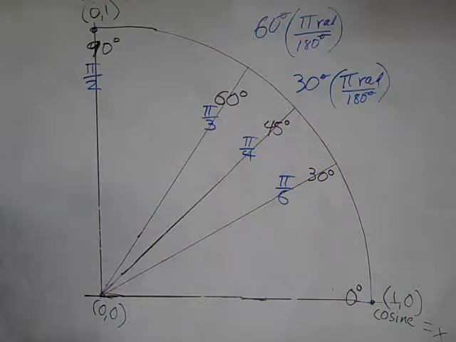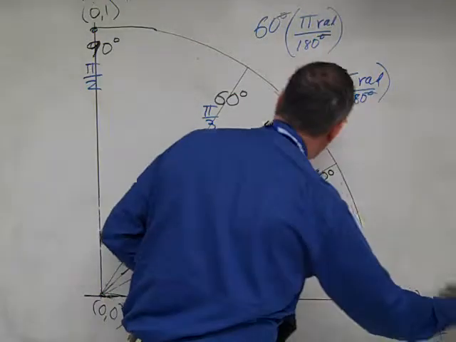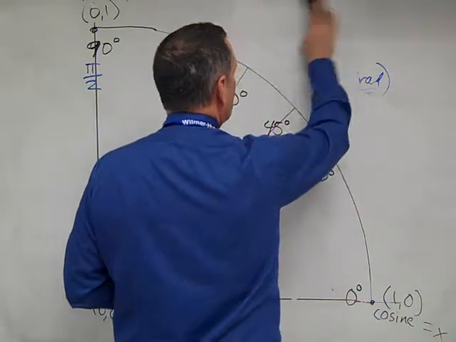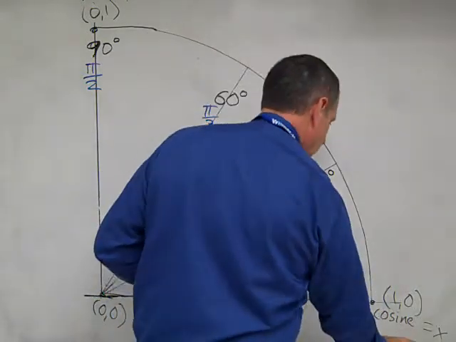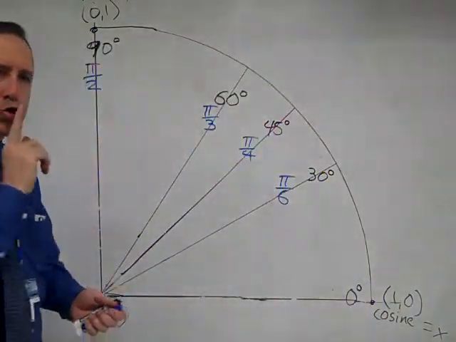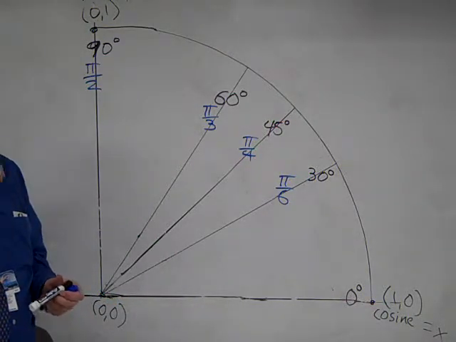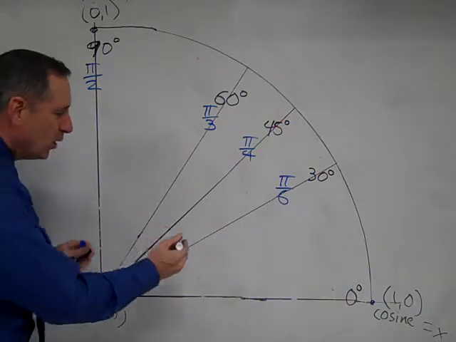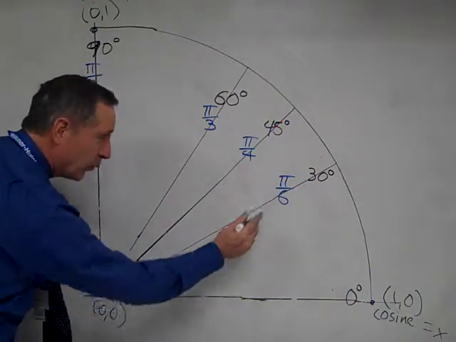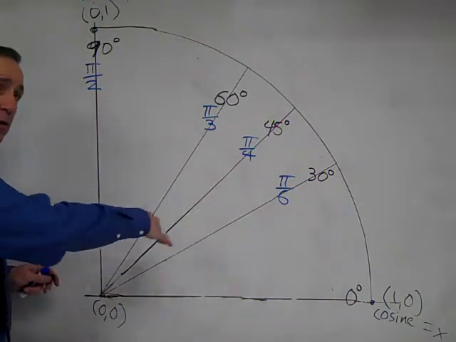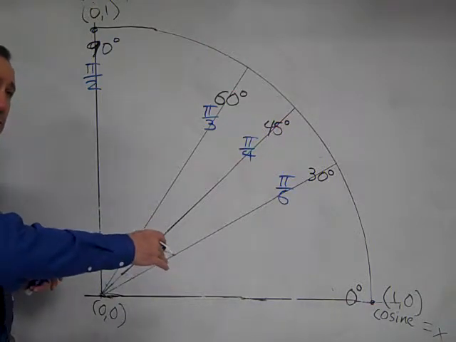Now I'm going to erase this, all right? What is the radius of our unit circle? 1.